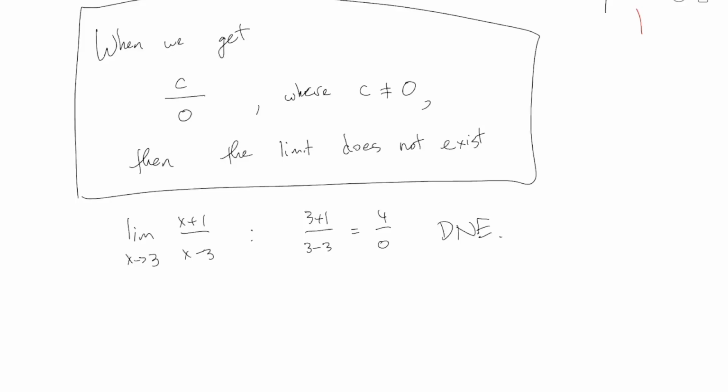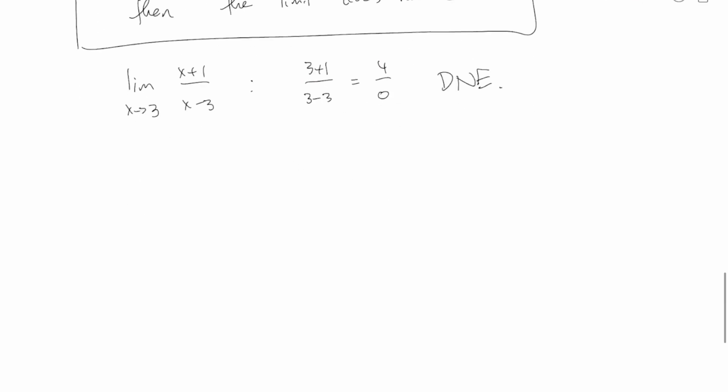You just have to be able to recognize something divided by 0. You say the limit does not exist. The situation when you have to do more work is if you get both zeros on the top and the bottom. Now you have to actually work harder for it. I was very particular here about saying when you get something over 0 where the thing on the top is not also 0. If they're both zeros, then you've got problems to discuss.